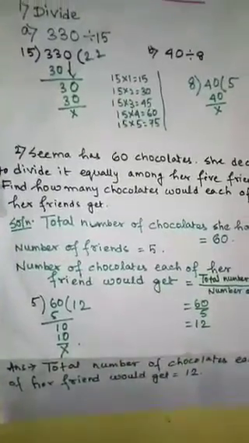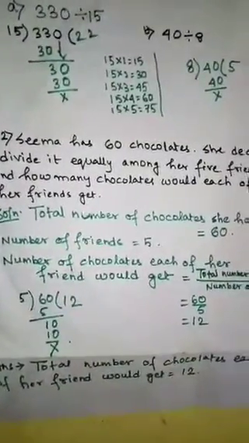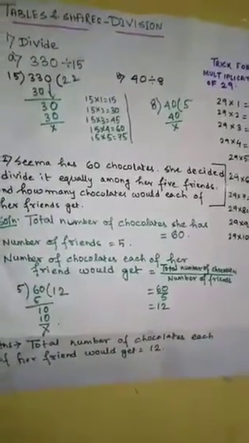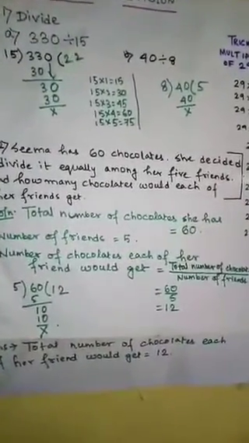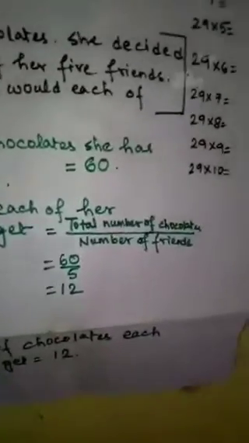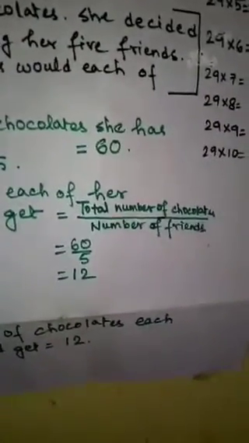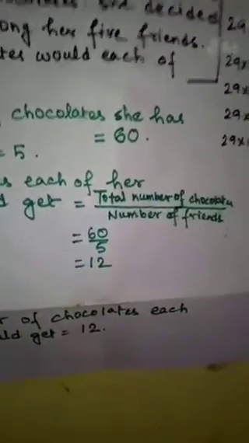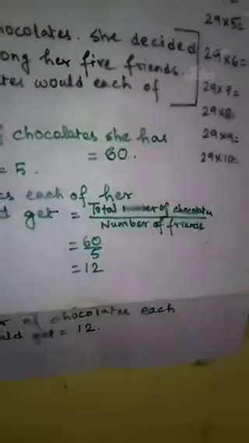Then next you will write number of friends is equal to 5. For finding the number of chocolates that each of her friends would get, I have written over here a formula. Formula means a way of doing the activity or the operation, maybe it's multiplication or division, that makes you understand it more easily.